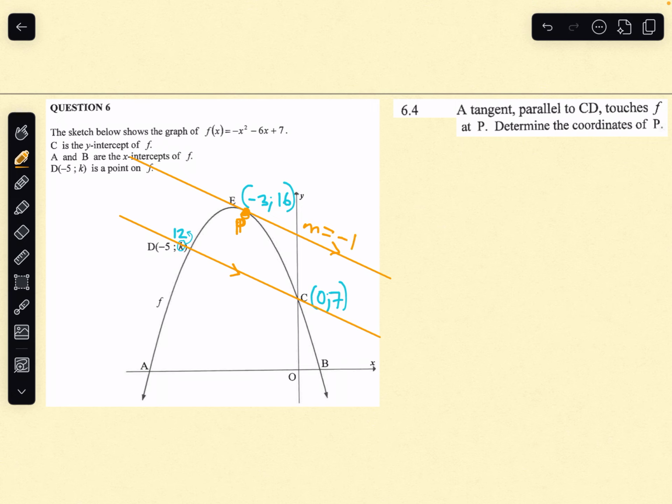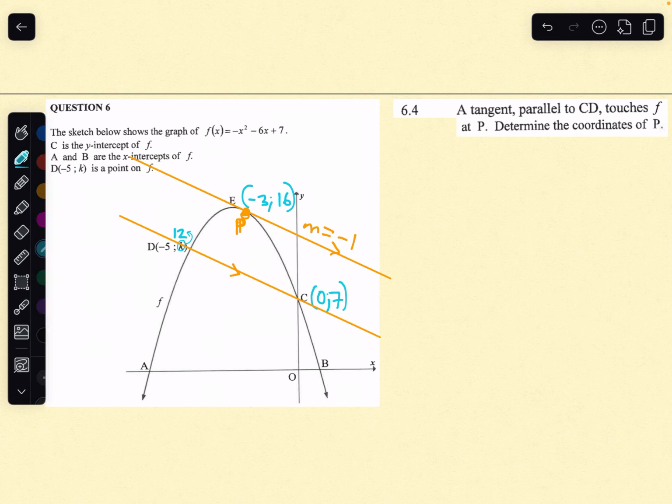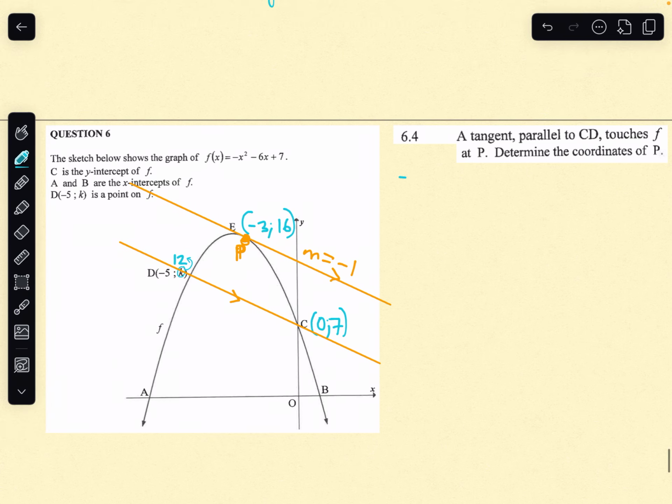So we are looking for the place on this parabola where this curve has a gradient of -1. And we already have the gradient function of this parabola. It was minus 2x minus 6.